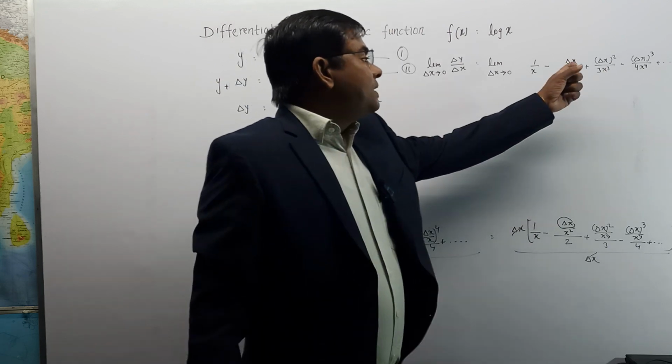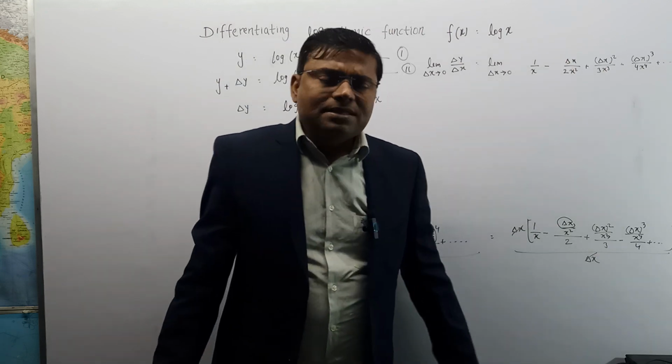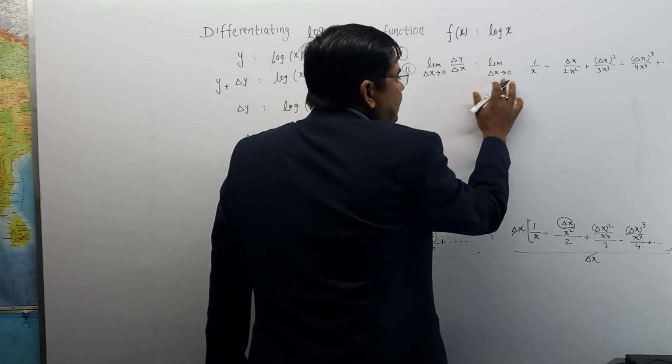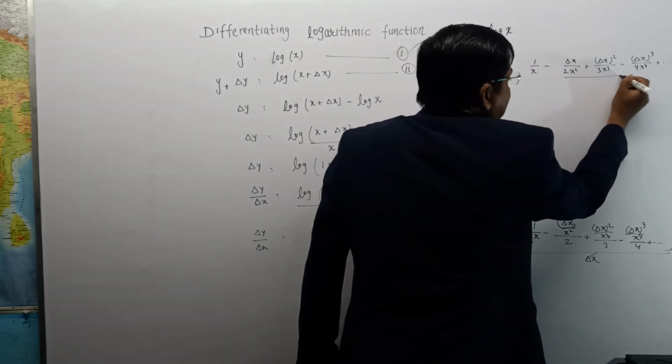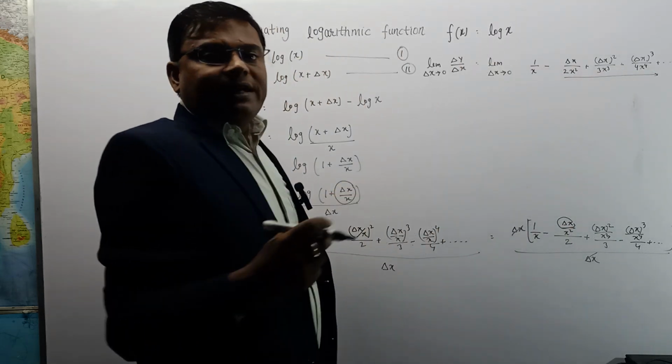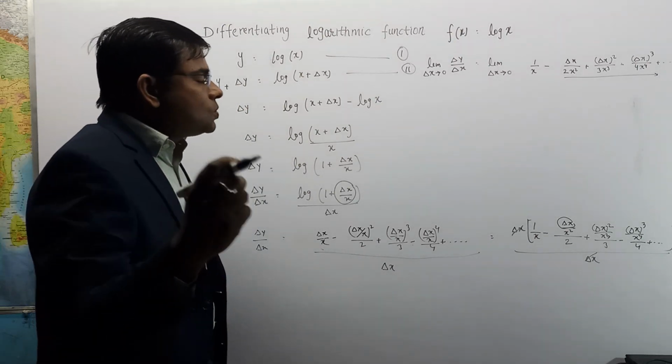Now as compared to x, delta x is negligible, so when we put the limit, all these terms become negligible, or we can say that this tends to 0.